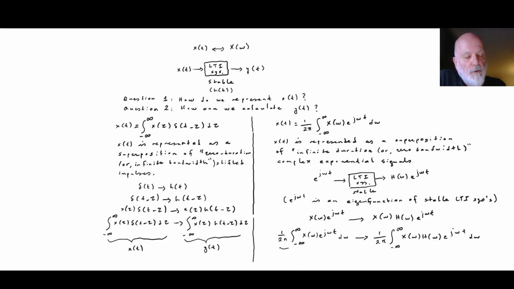Now again, we know that this is x of t, therefore this expression must be y of t. So y of t turns out to be the inverse Fourier transform of x of omega, h of omega.